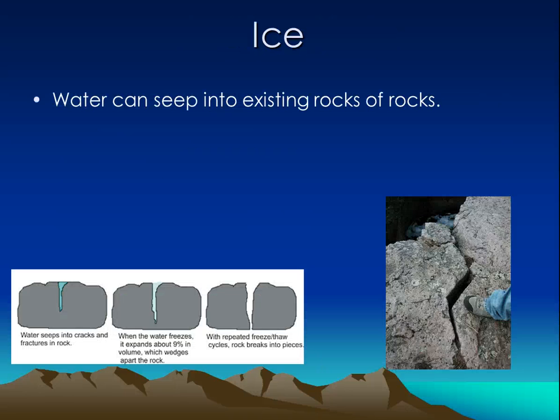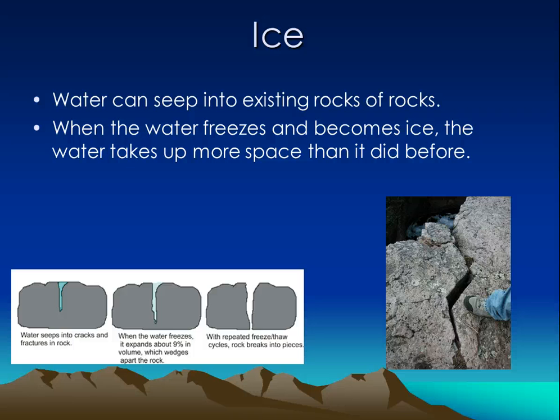Ice, they did a very good job again in the video showing you. Think about a water bottle that you put into the freezer overnight and what happens to that. Water can do the same thing in the cracks of rocks. It can seep into existing cracks. When the water freezes and becomes ice, it takes up more space than it did when it first got in there.